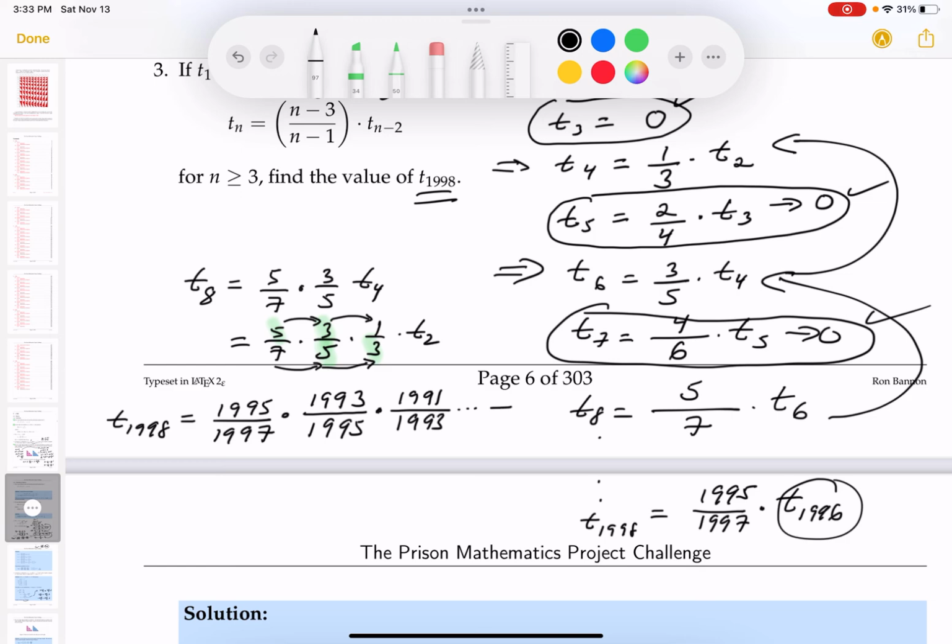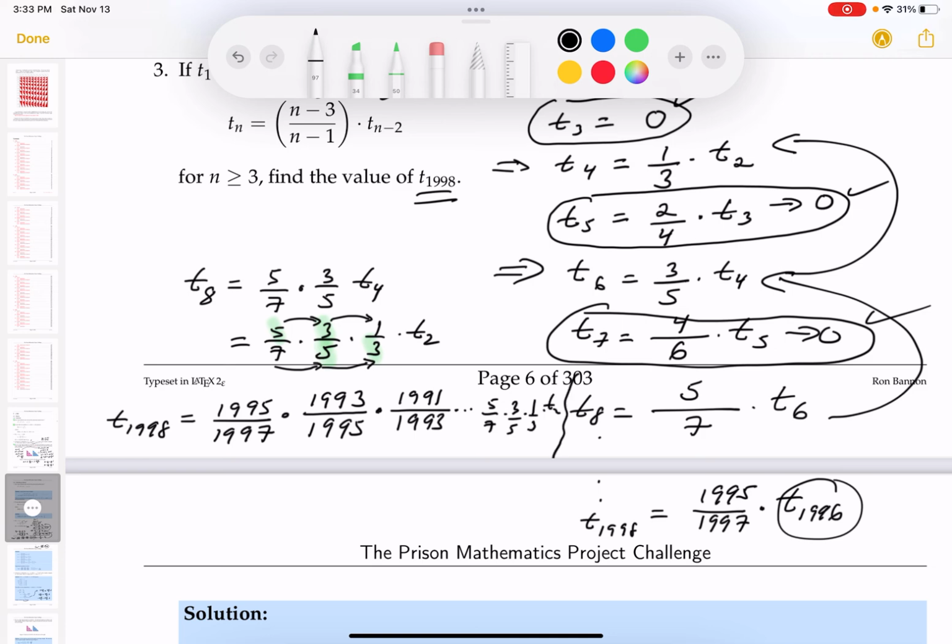What's this going to be? 5/7 times 3/5. You know what? I'm kind of jamming that in there, aren't I? I'll just erase it and make a better job of jamming it in. Dot, dot, dot. And you would get 5/7 times 3/5 times 1/3 times T2.